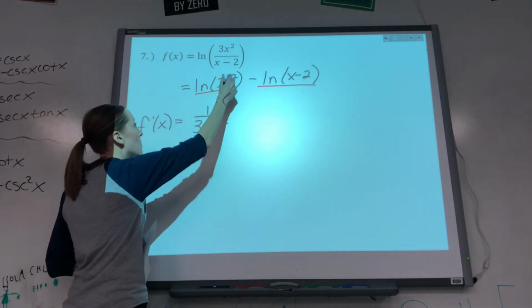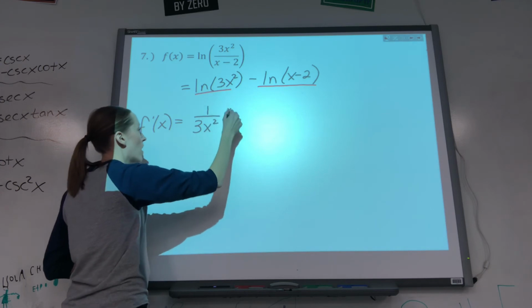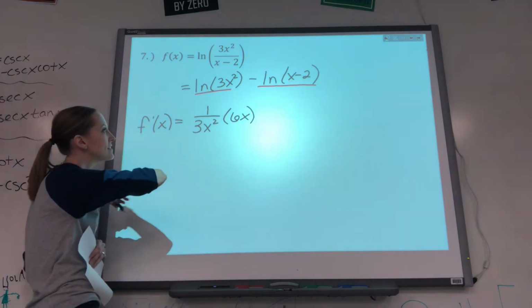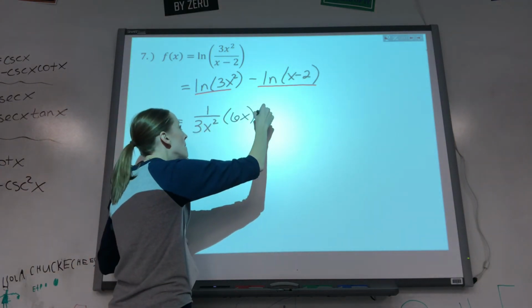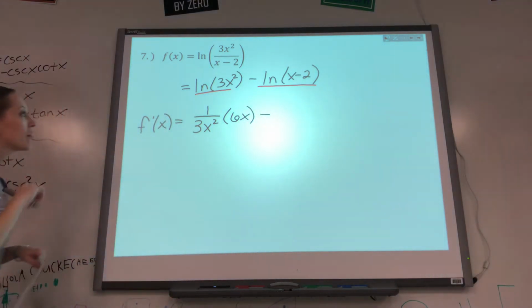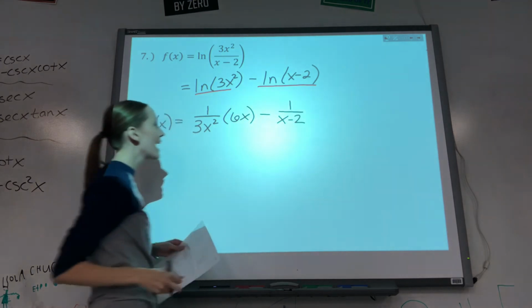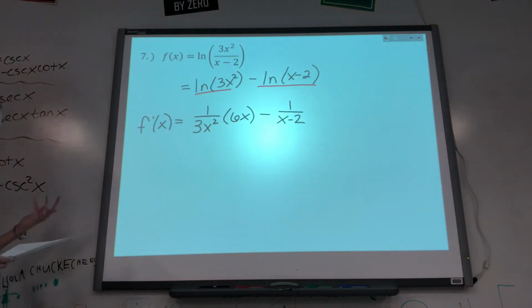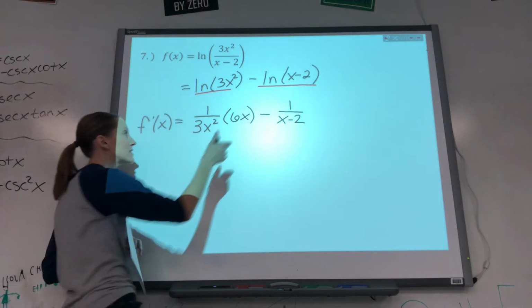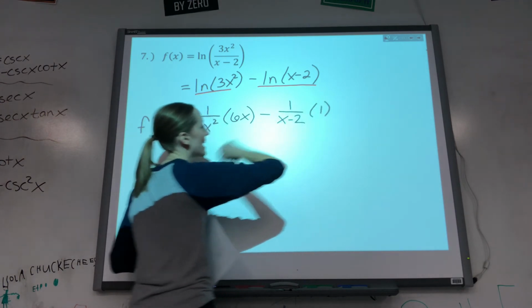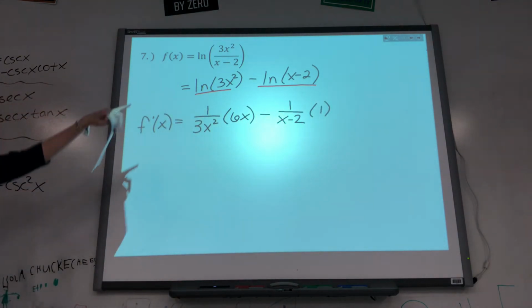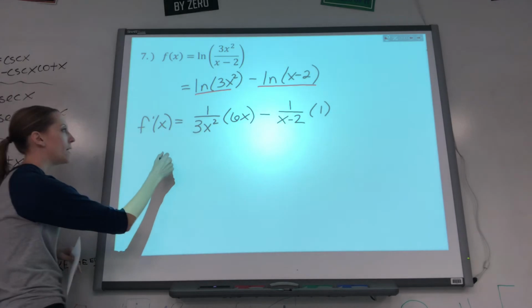And derivative of that part right there, which was the u part, derivative of that is 6x. Minus, don't forget the minus sign, 1 over u back there would be just 1 over x minus 2. And technically, the derivative of the u in the back is just 1.